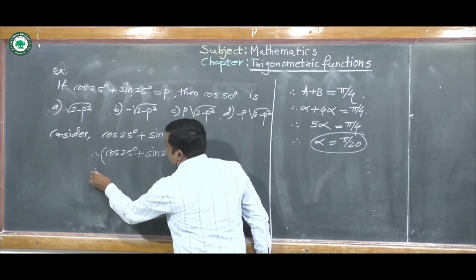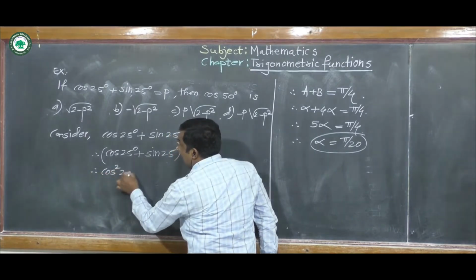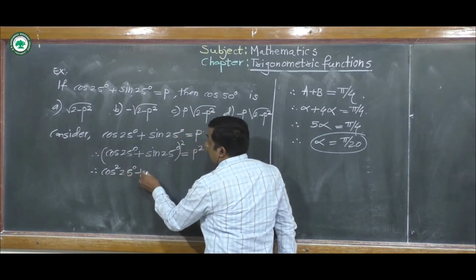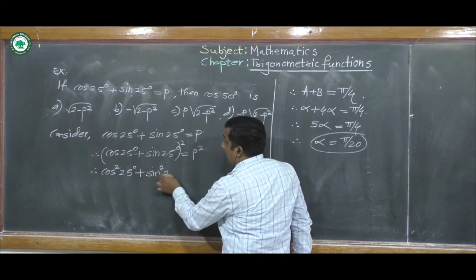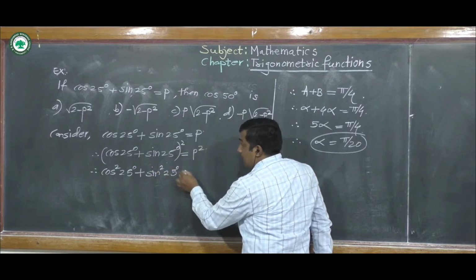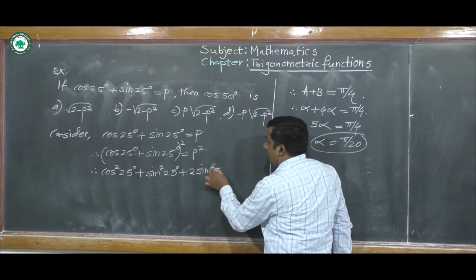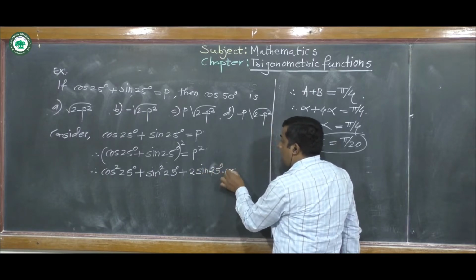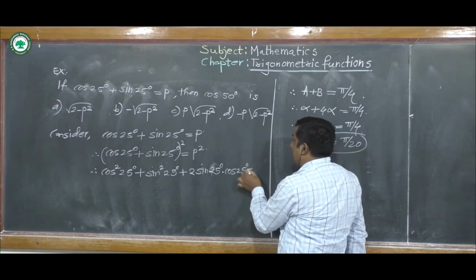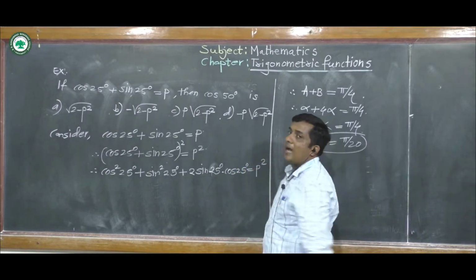So I write this as cos square 25 degree plus sine square 25 degree plus 2 into sine of 25 degree into cos of 25 degree, and this is equal to p square.